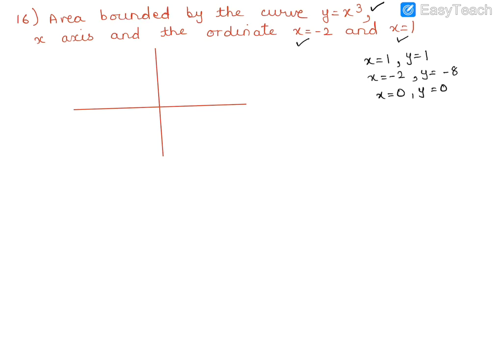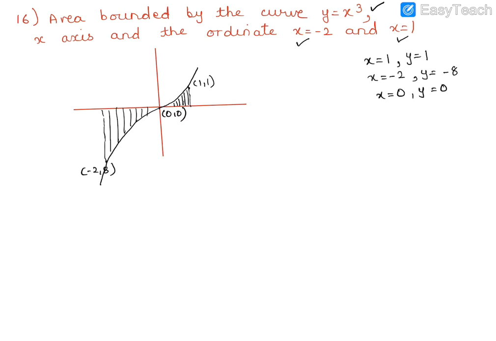So when you plot it, you get a point 1, 1 over here, and a point something like -2, -8 here. And of course this is 0, 0. So plotting it, you will get a curve like this, and here something like this. So you have to find this area plus this area.